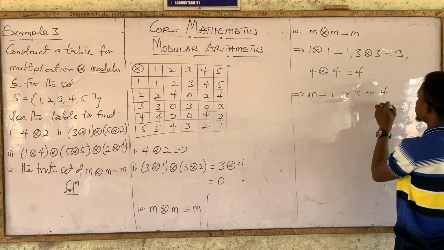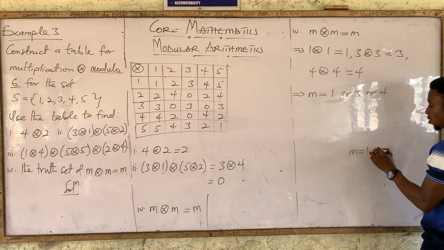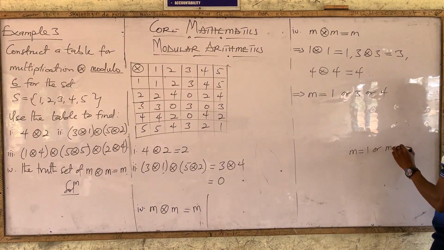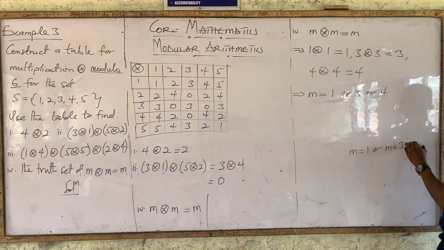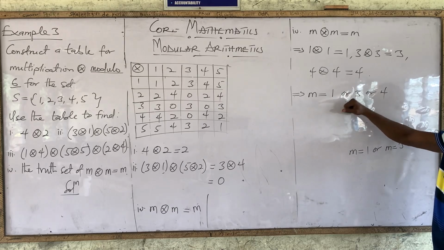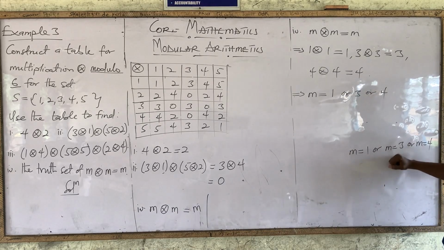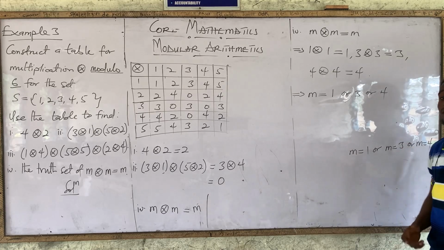Or some people can also say m is equal to 1 or m is equal to 3 or m is equal to 4. It depends on you. Whether to write m is equal to 1 or 3 or 4, or writing m is equal to 1 or m is equal to 3 or m is equal to 4, they are the same.